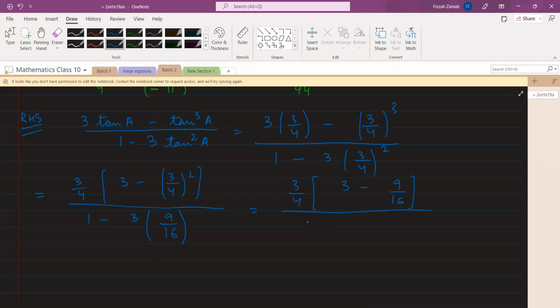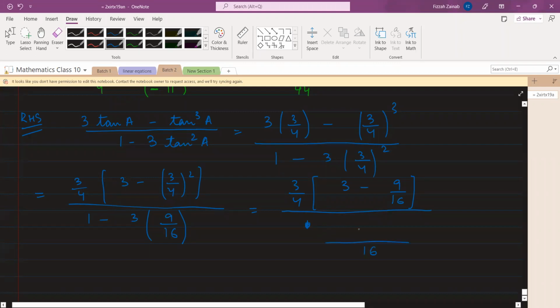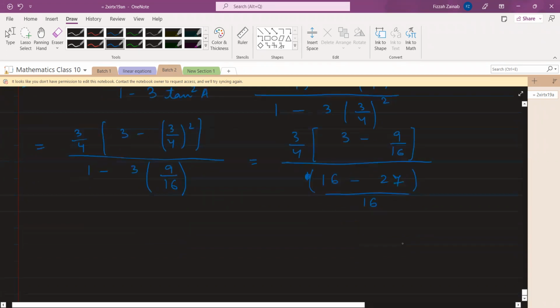okay, so 1 minus, or if I directly take LCM, right? I take LCM. So this will be 16 minus, and 3 into 9 is 27. Is that correct? Okay. So this will be 3 by 4 into, again, 16 LCM of the numerator.